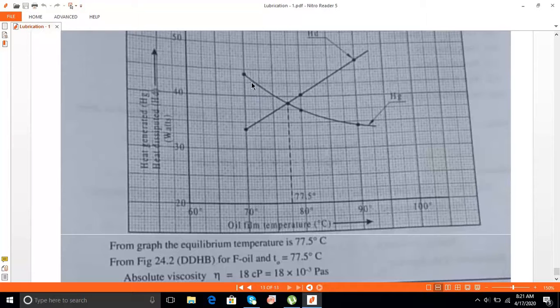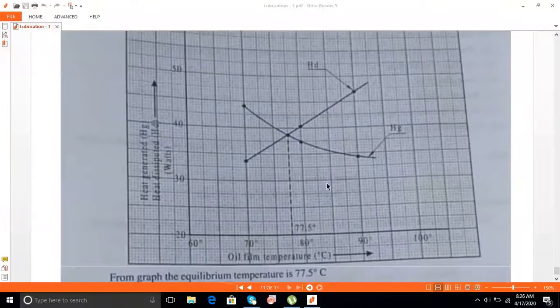So you need to calculate 3 or 4 trials such that there is a crossing between the lines. We need to consider at least 3 or 4 trials such that the equilibrium temperature is reached.